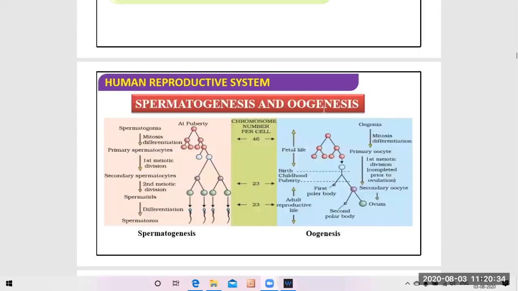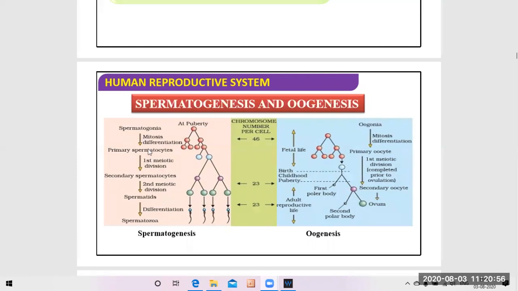Spermatogenesis and oogenesis. So what is the difference between spermatogenesis and oogenesis? In spermatogenesis, at the puberty age, the spermatogonia are firstly developed, and those cells divide mitotically.